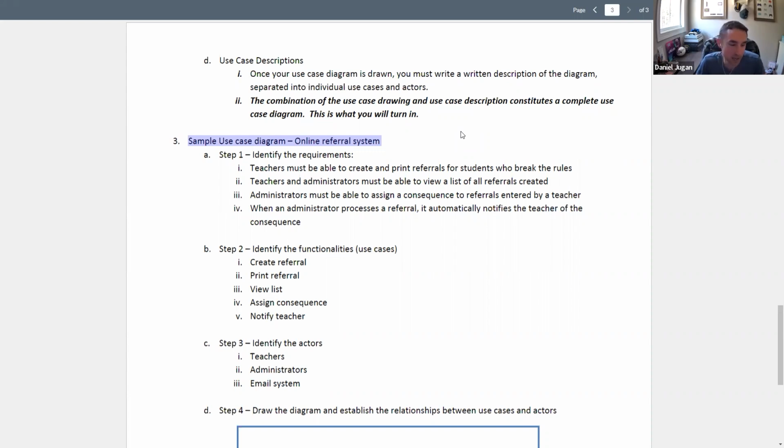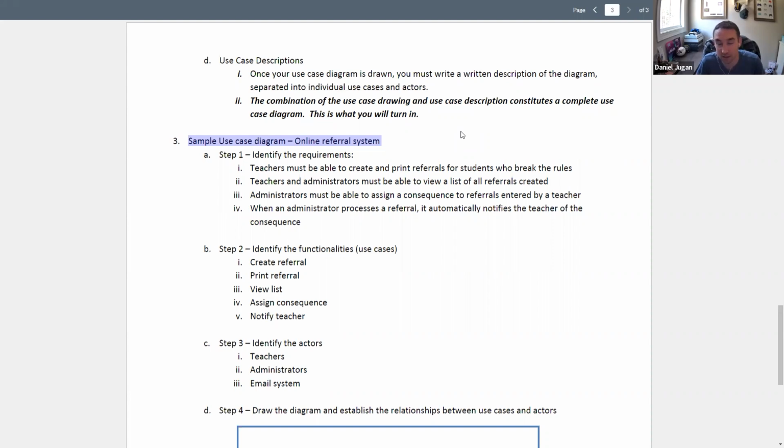So maybe they aren't listening to the teacher, maybe they're being super disrespectful, maybe they lit a stink bomb in the hallway bathroom, whatever it is that they do, all of the things that high school, middle school, and elementary school students do that they shouldn't do, that they get written up for and sent to the principal. That's what a referral is.